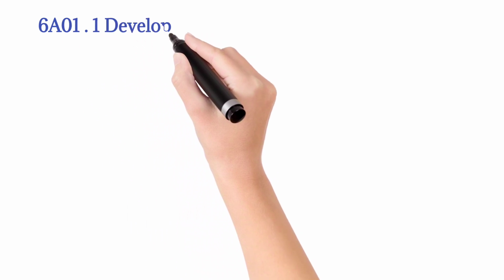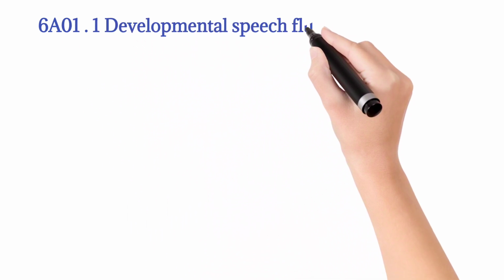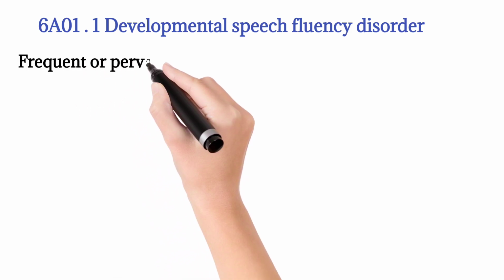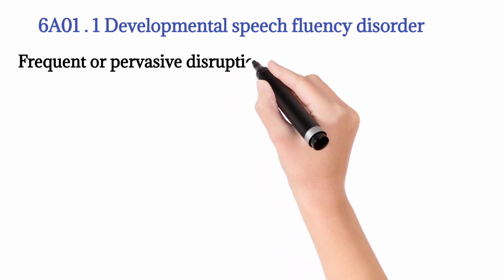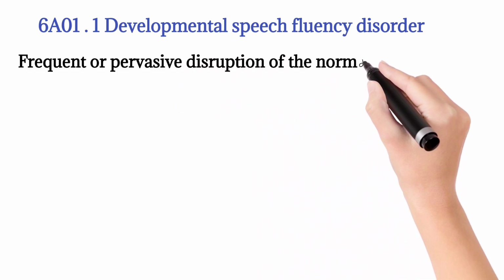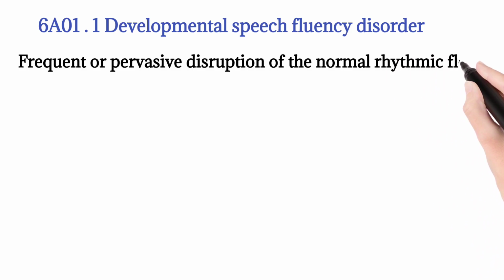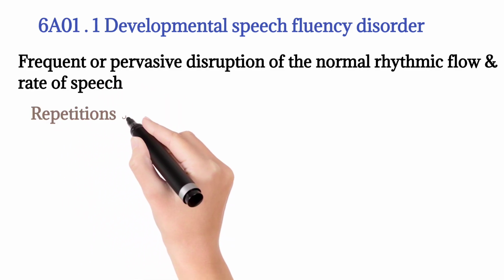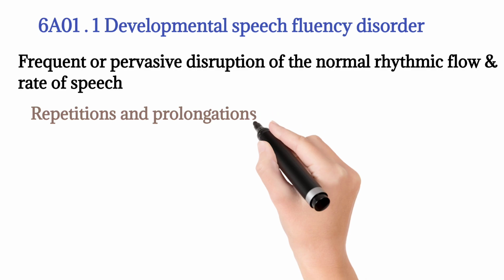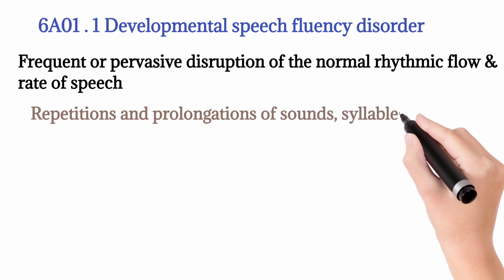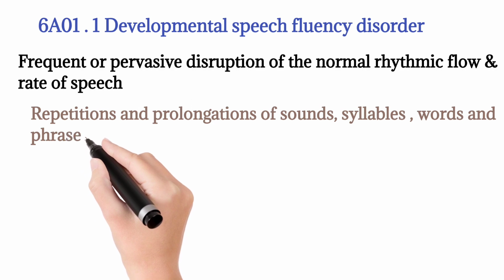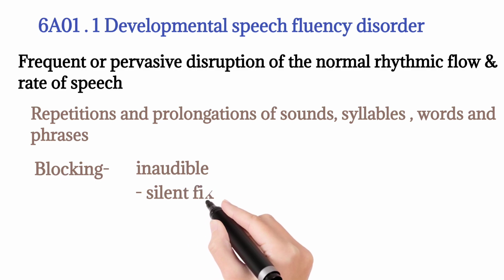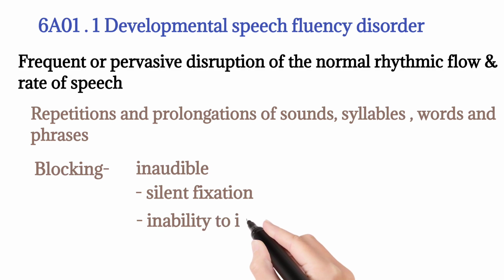Next is the developmental speech fluency disorder. An essential feature of this disorder includes frequent or pervasive disruption of the normal rhythmic flow and rate of speech, and it is characterized by repetition and prolongation of sounds, syllables, words and phrases. It also involves blocking that includes inaudible sound, silent fixation or inability to initiate sounds.